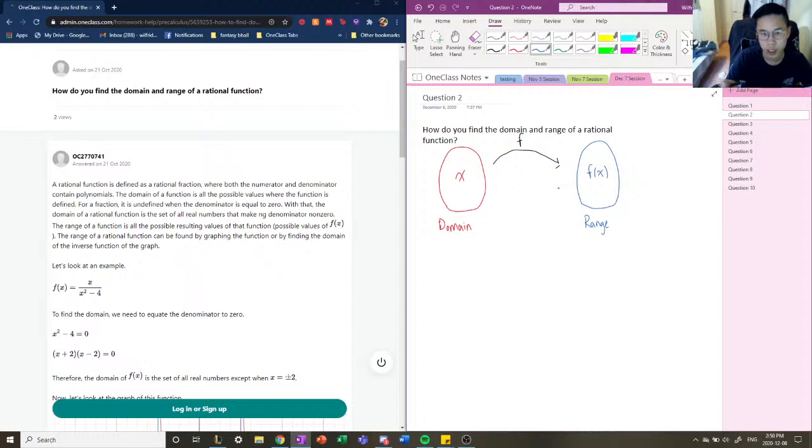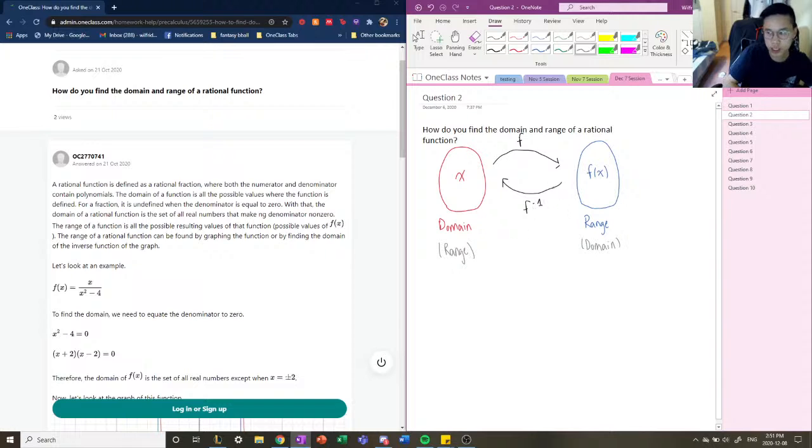Another way to find the range is by finding the inverse function. What's very neat about the inverse function is that the range of the original function becomes the domain of the inverse, and the domain of the original function becomes the range.